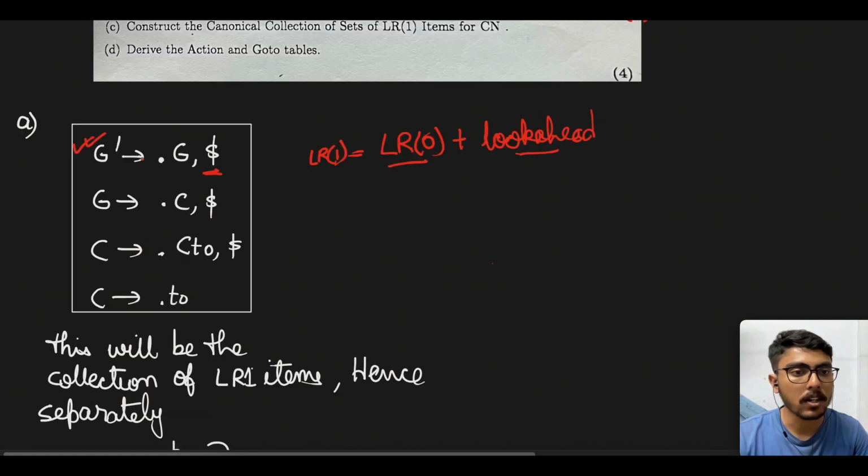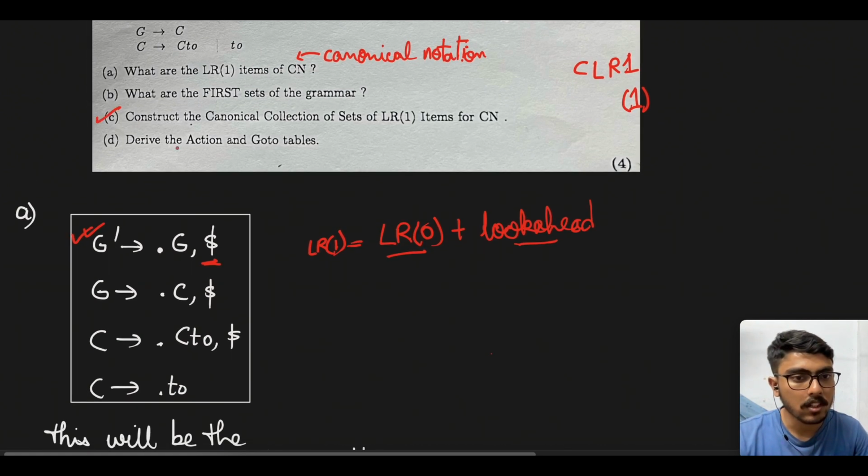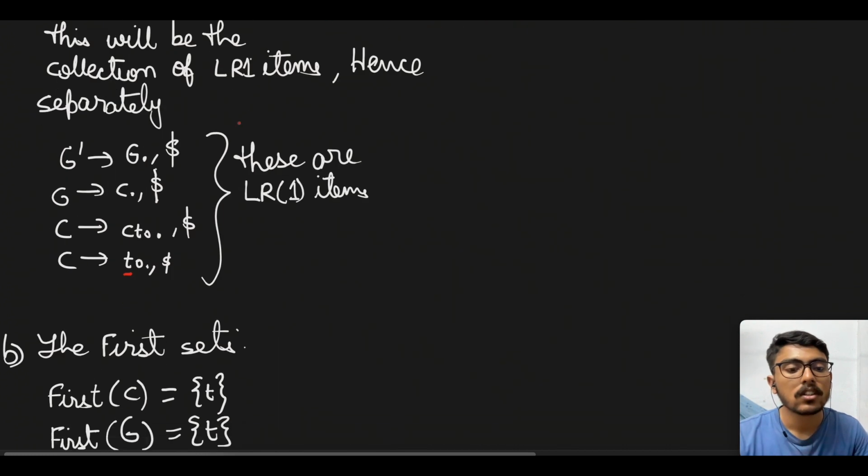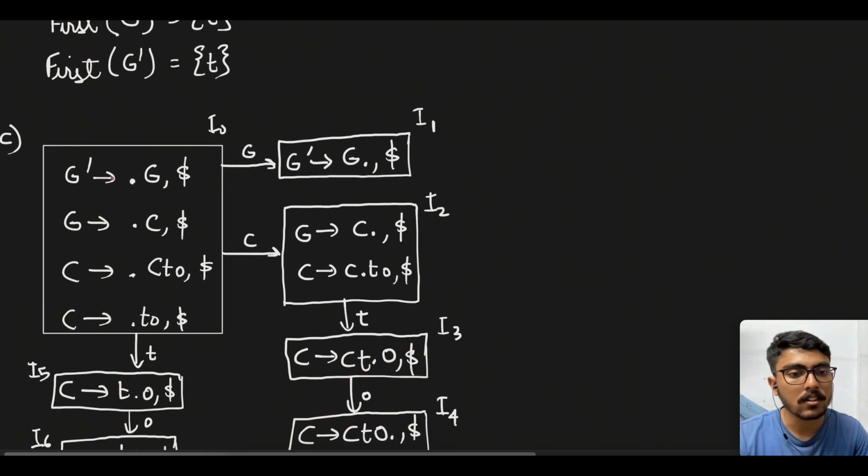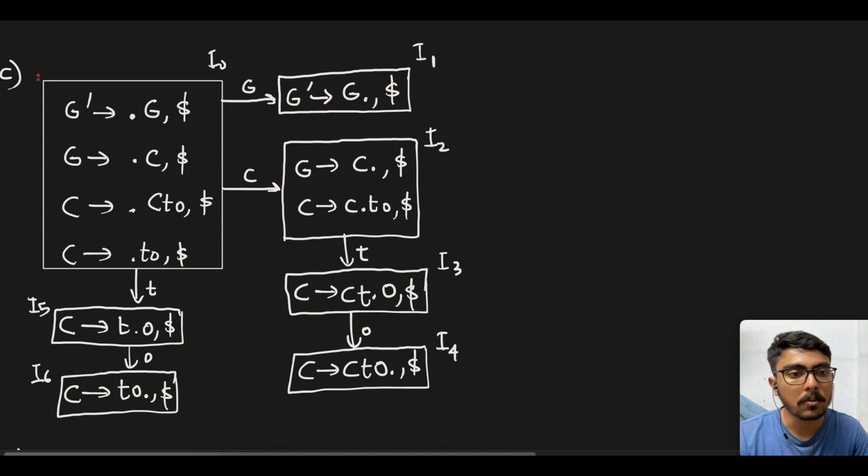Now the third part of the question: construct the canonical collection of sets of LR1 items for C. So in this we need to first write the augmented grammar. This is the augmented grammar, right? So in the augmented grammar, the dot is on the left hand side, means no string or no character has been read by the compiler yet.